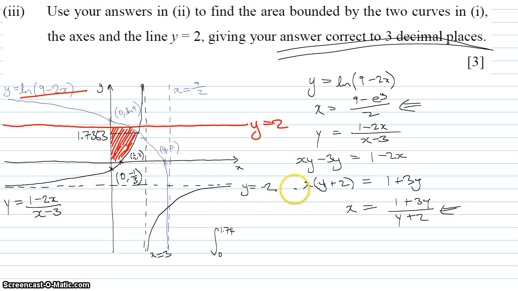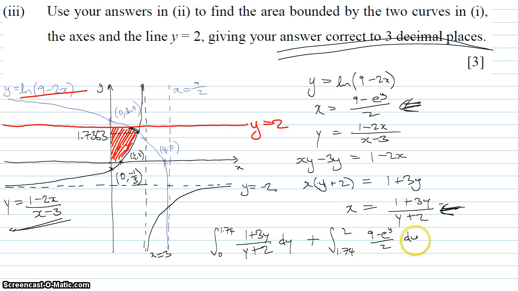So 0 to here, and I'm integrating this one, which is the same as this one here: (1 plus 3y) over (y plus 2) dy, plus the integral from 1.74 to 2 of the other one. This one up here, which has this form when written as x in terms of y. So this is 9 minus e to the y over 2 dy.